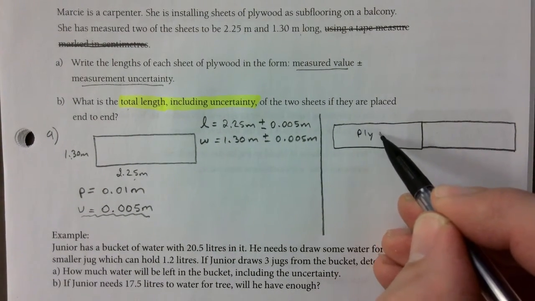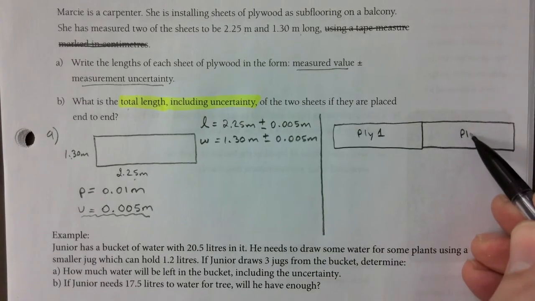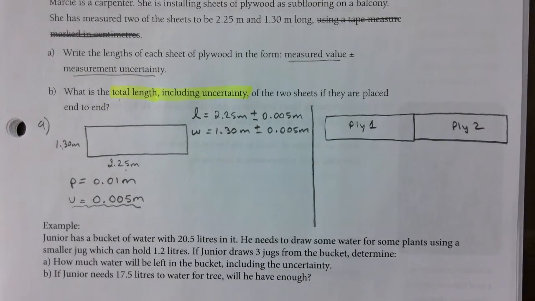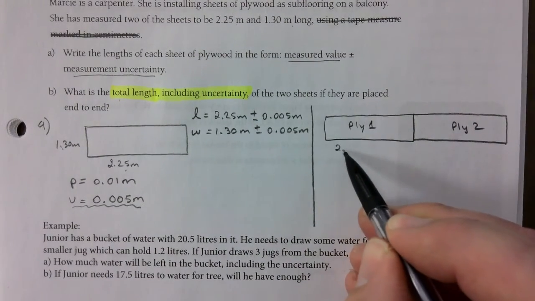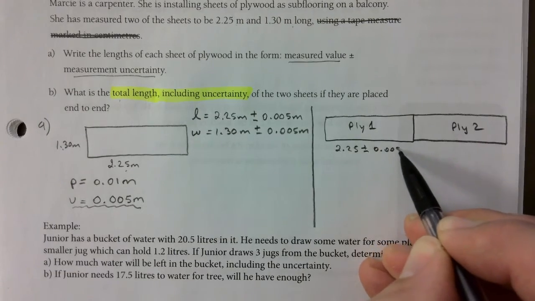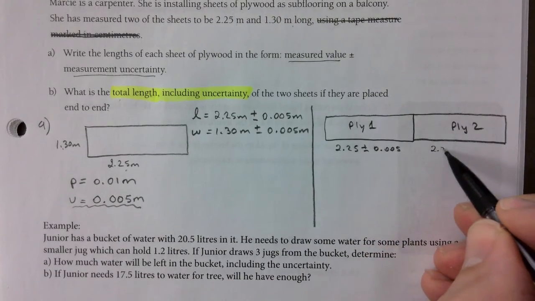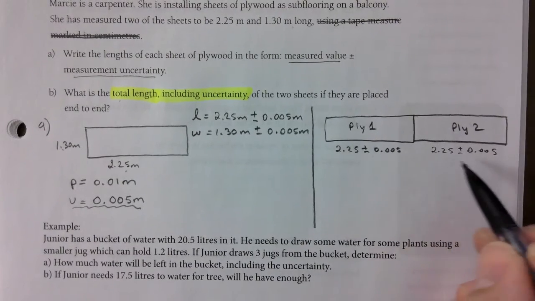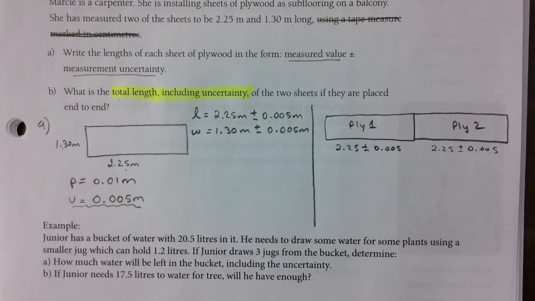So let's call this ply 1 and this is ply 2. We know that this is 2.25 plus or minus 0.005. And this is 2.25 plus or minus 0.005. Both of these sheets have their uncertainty that follows them.